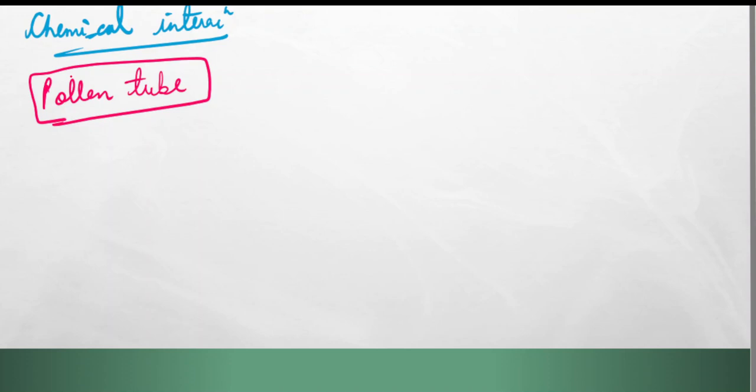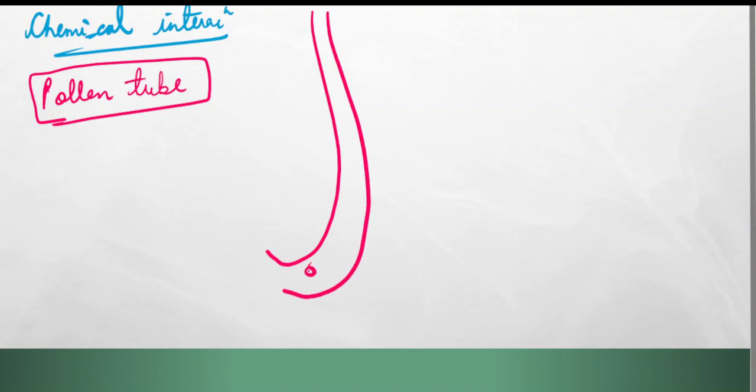Okay, after the absorption of water, what actually occurs is this. See, the pollen tube is going towards the synergid and it's carrying two male gametes, how many? Two male gametes. Okay, and here if you see the diagram, I will show the diagram also.